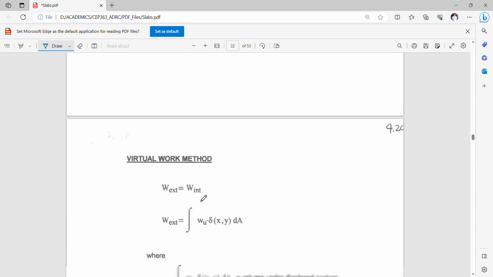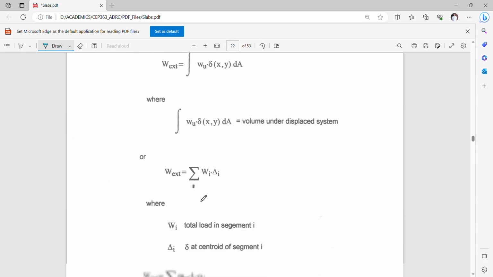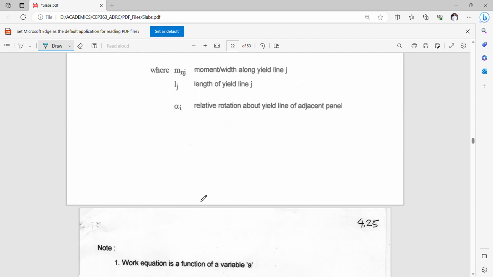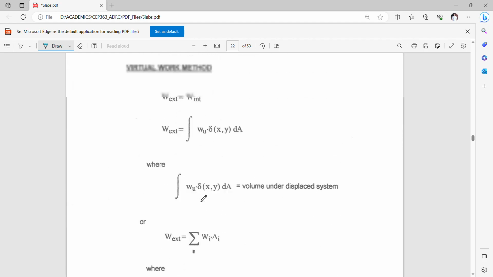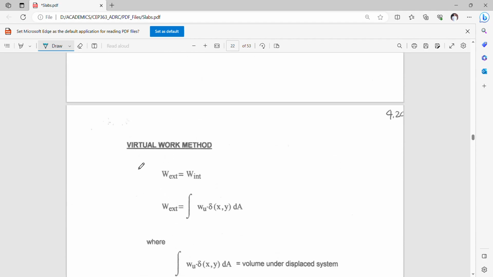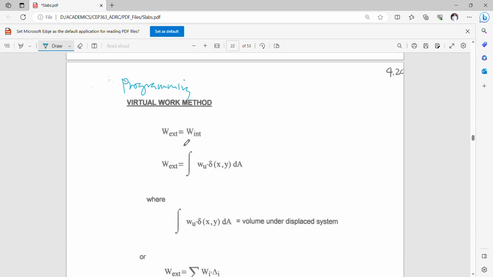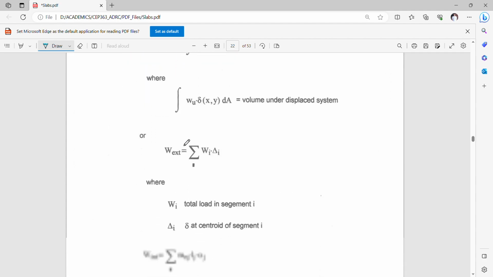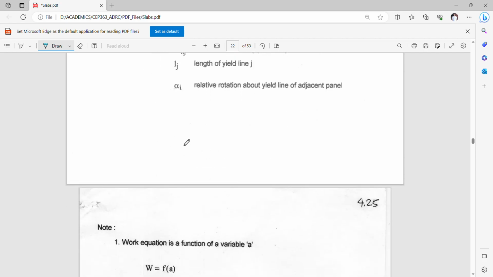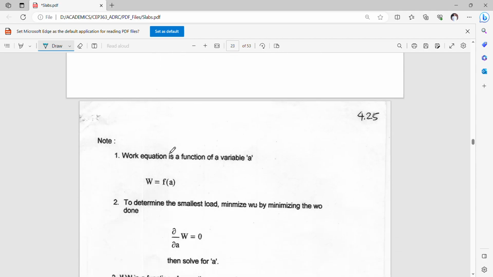Okay. So for the virtual work method, I made some additional lecture here, but this is more applicable when it comes to programming. So when we do programming, might as well make it systematic. So you can use this as your algorithm.